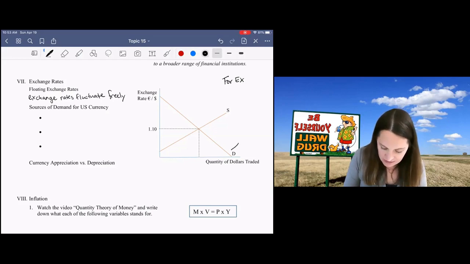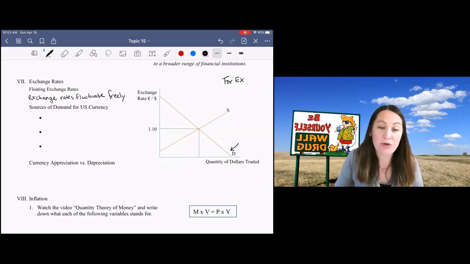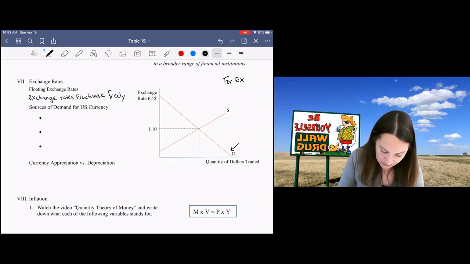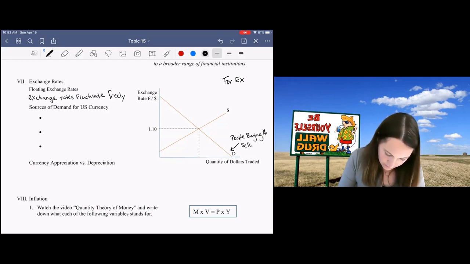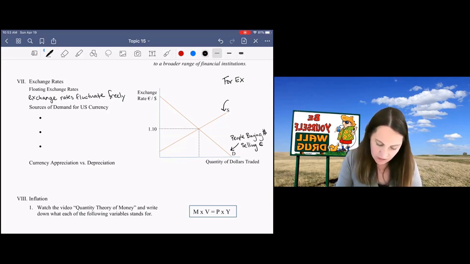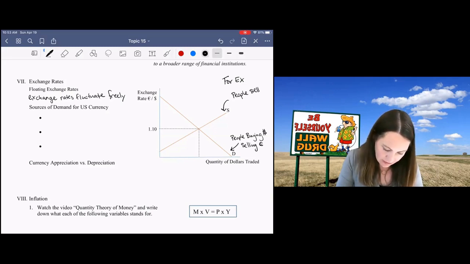Demand for dollars would be people who have euros but would like to buy dollars. The supply in this market would be people selling dollars, and those people would therefore be buying euros.